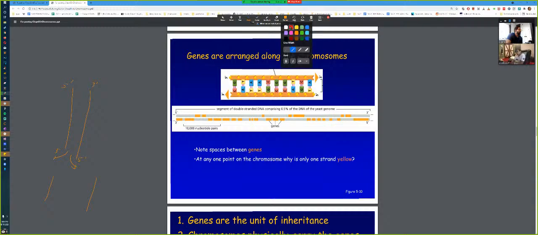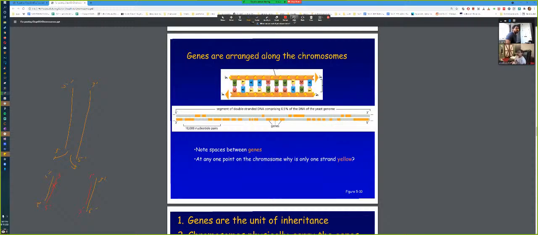Now 5 prime, 3 prime, 3 prime, 5 prime. And now for the RNA, RNA goes 5 to 3. So that one is not going to work, but this one on the right is.